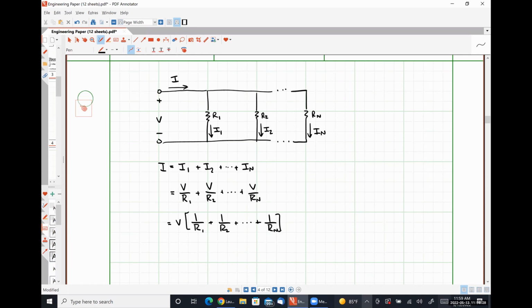So what I'm going to do now is I'm going to rearrange this expression slightly and solve for V.